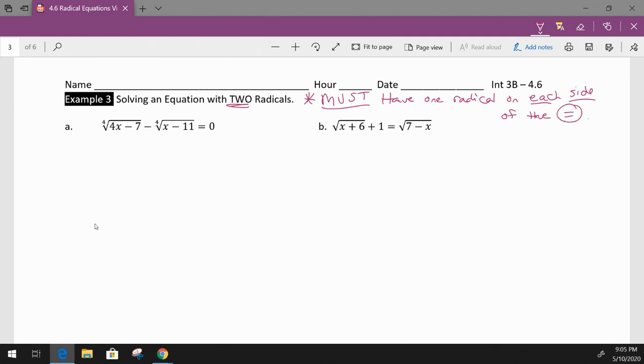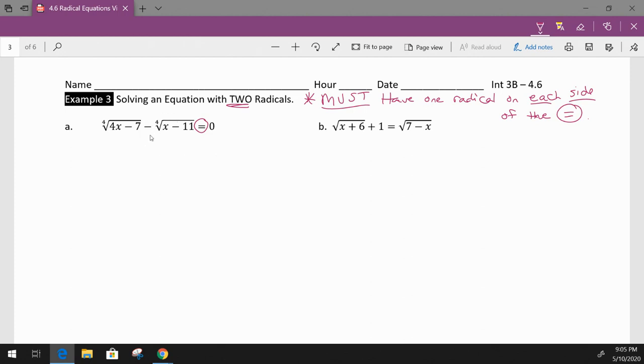So in the first example here, both radicals are on the same side of the equal sign. Here's your equals right here. So you cannot have that. So you must move one of these radicals to the other side, or eliminate it from the left side and add it to the right.